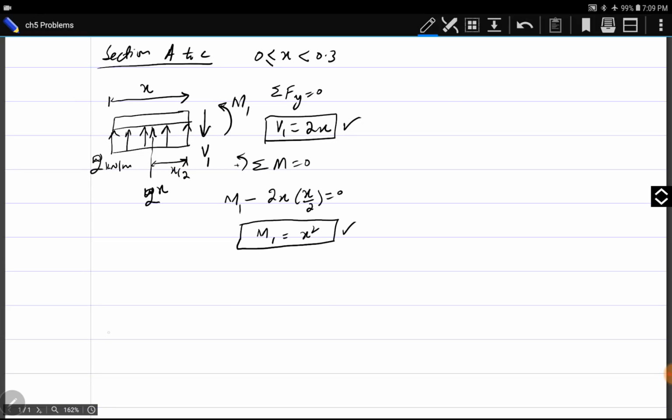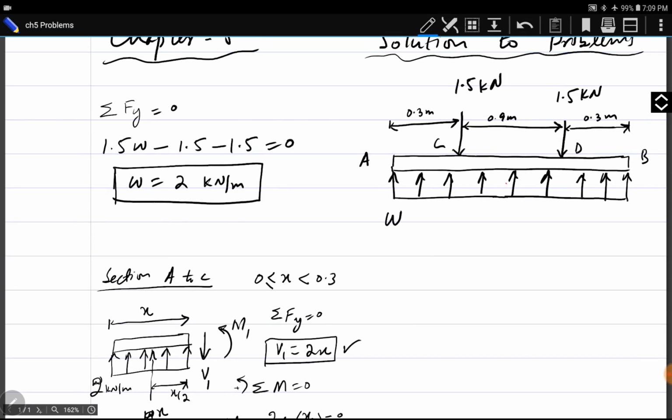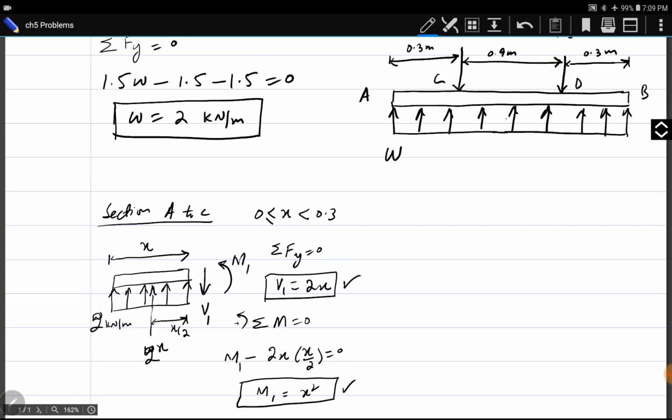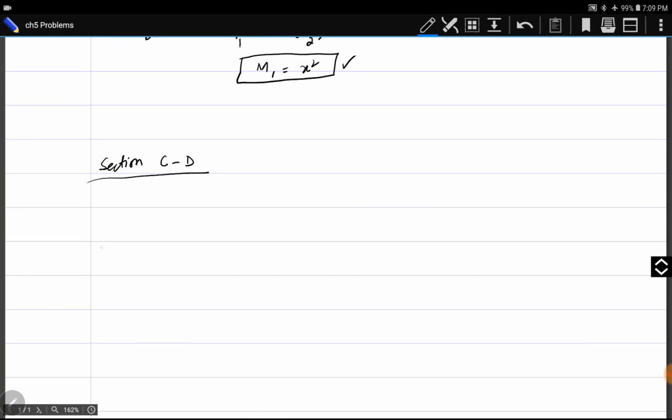Next section is section C to D, section number 2. Again, I will draw the beam here. There is a force of 1.5 kilonewton at point C, and the beam is being supported by an upward distributed load of 2 kilonewton per meter.